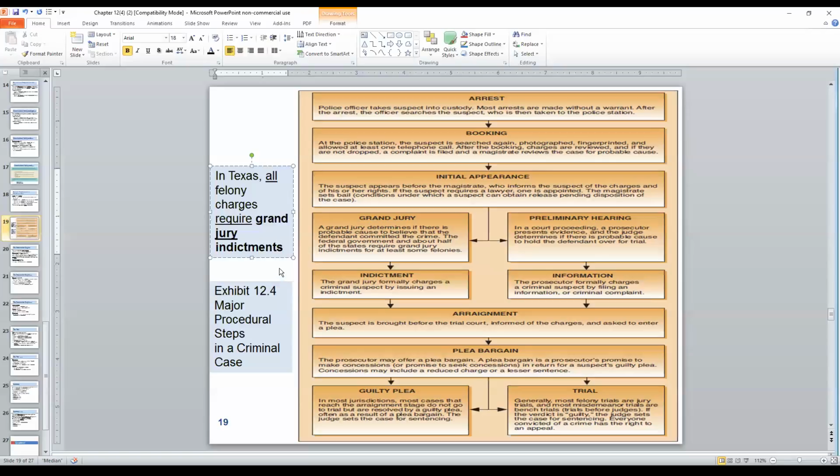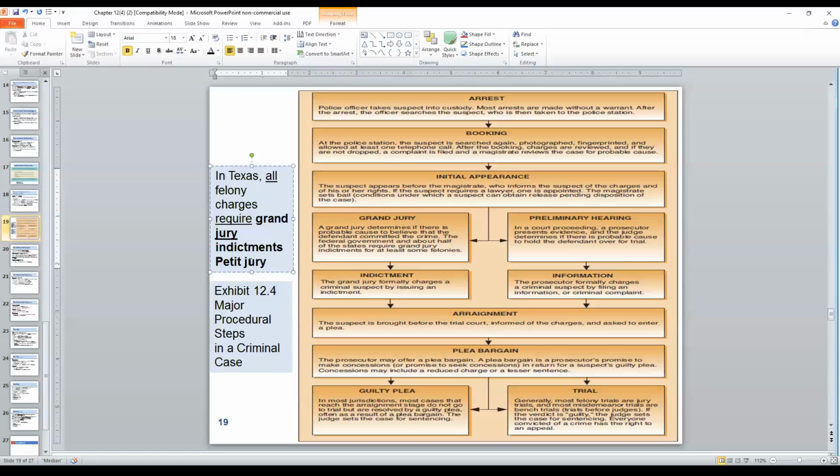Now, a trial jury is called a petit jury. And again, in the word petit, you can see the word petite. And in fact, in French, when you have the E on it, it's the feminine version of small. And when you don't have the E on it, you have the masculine version of the word small, petit.